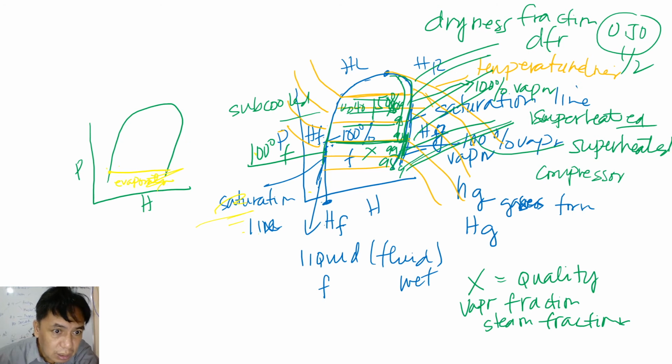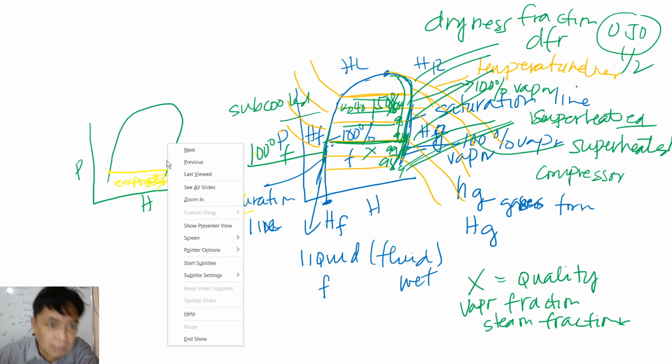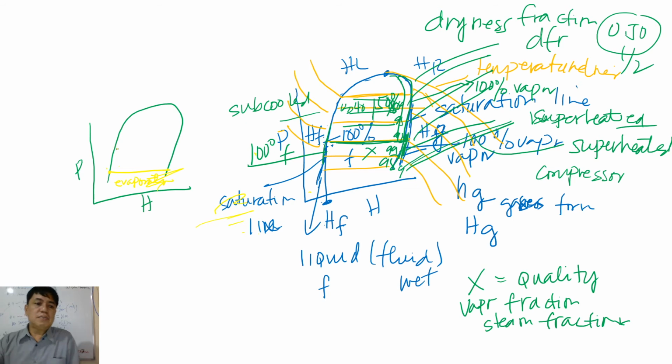Ngayon, from evaporator, gas yan, 'di ba? Ito gas, ito yung saturation line ng gas, kasi tumama sa curve. Pag tumama sa curve, saturation line yon at madali siyang malaman yung mga properties kasi pupunta ka sa refrigeration table na makikita mo agad, no?